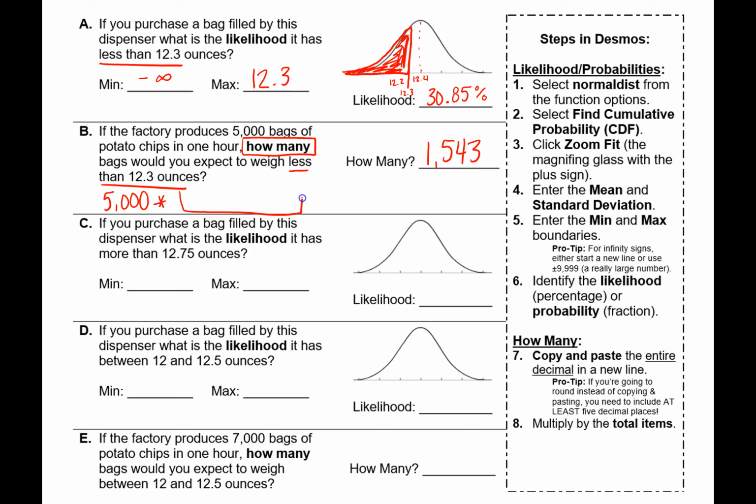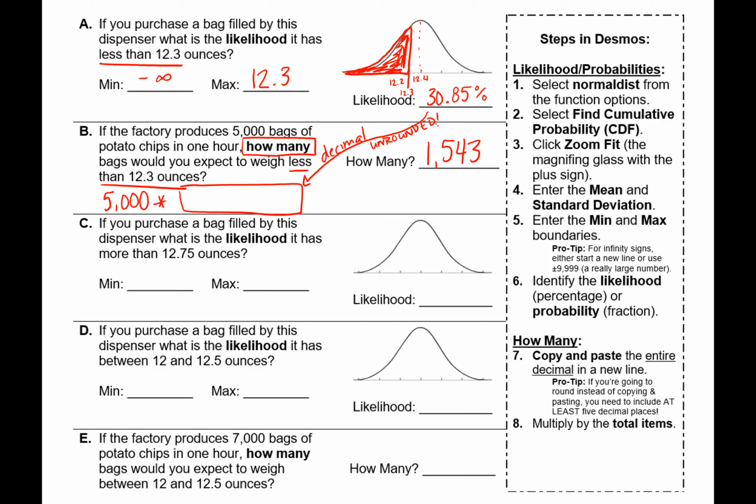So again, in this spot here, I put the likelihood decimal unrounded because that gives us the most accurate answer.